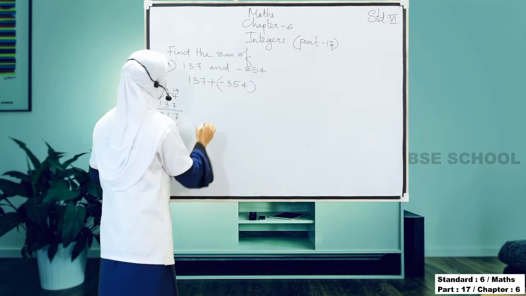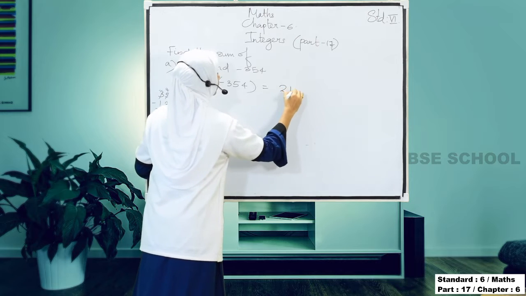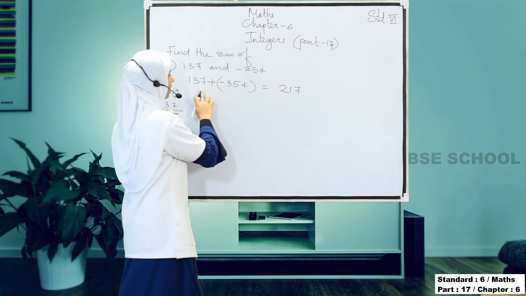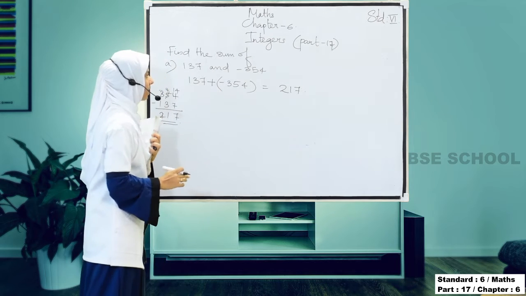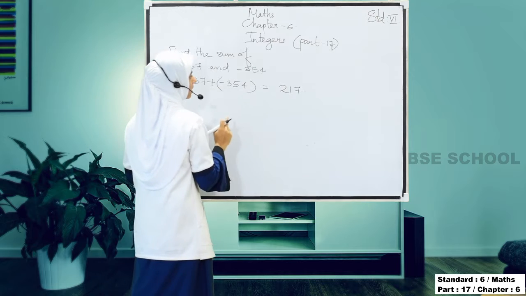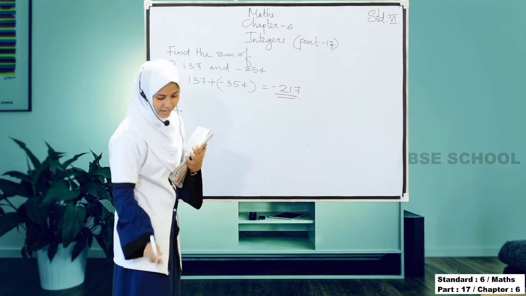So the answer is 217. We got the sum 217. Then we have to put the sign of the greater number. So here the greater number is 354 and put the negative sign. Okay.